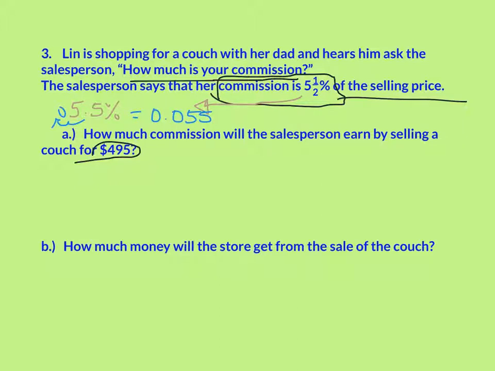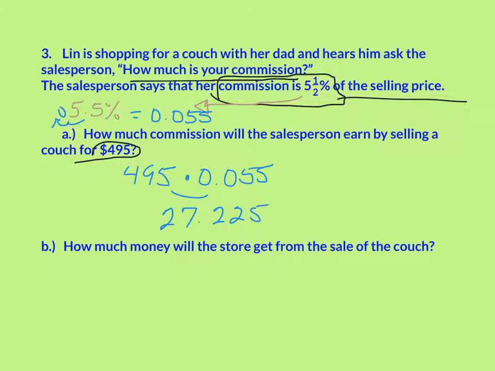So very simply, I know that I multiply that decimal times the price of the couch. So that means I'm going to have 495 multiplied times 0.055. Use my calculator to do that. I'm actually going to get an answer of 27.225.